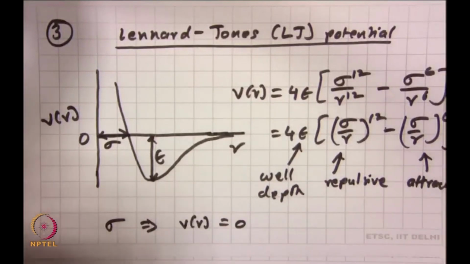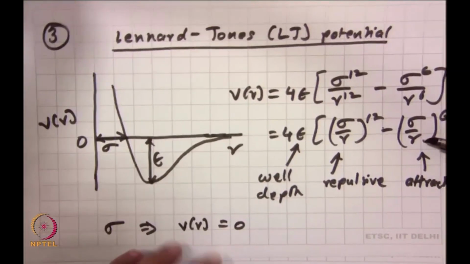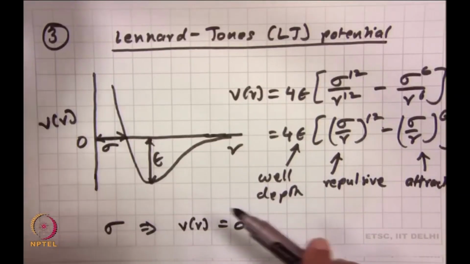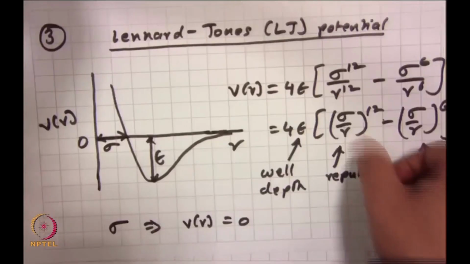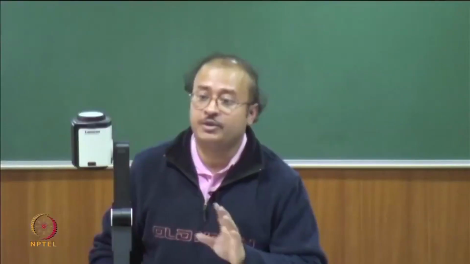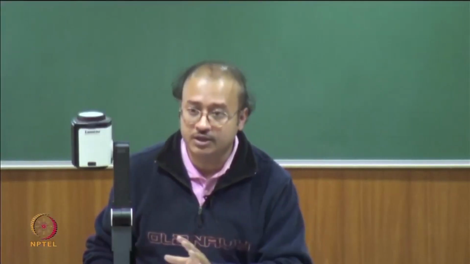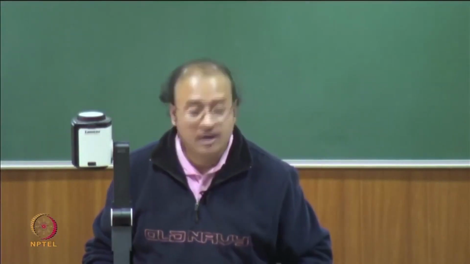See, immediately one thing you can realize, this r to the power 6 dependence we have seen already, right, from induced dipole, dipole, dipole, dipole and all those things. This one is a repulsive term, it can be derived, but this is one of the ways that people have found very convenient to represent a repulsive term.